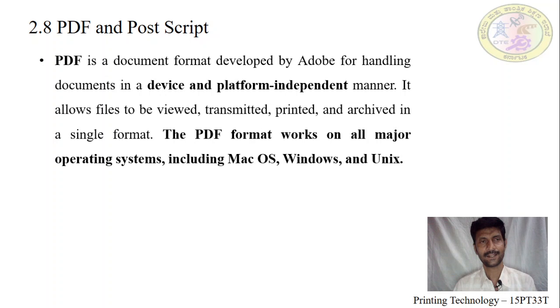It is also operating platform independent because it opens on all operating systems, Mac, Windows, Unix, or Android. It allows files to be viewed, transmitted, printed, or archived in a single format.